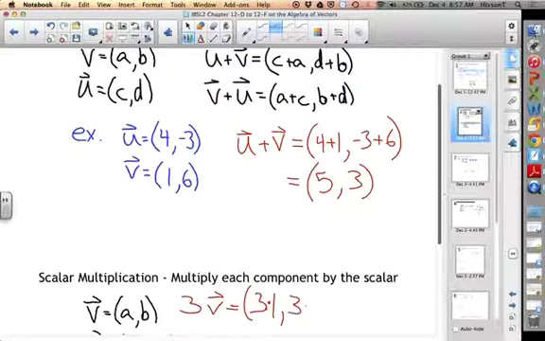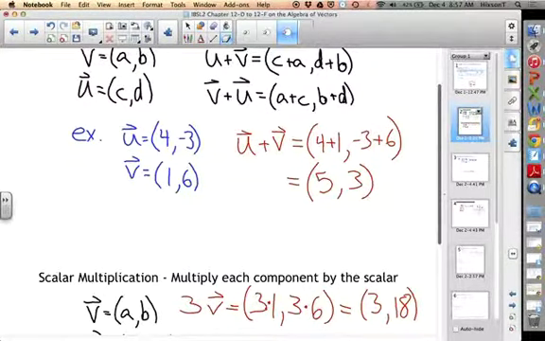So of course we would have the vector (3, 18). Okay? And of course you can multiply by a negative, you can multiply by a fraction, you can do any of those kinds of things. Okay?